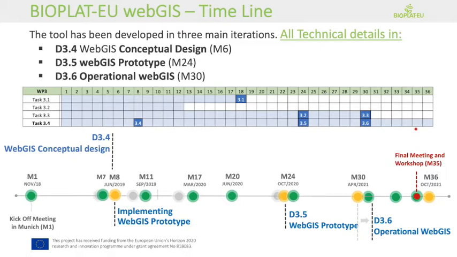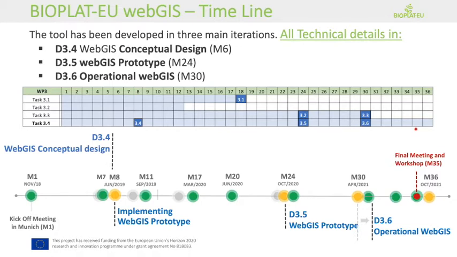The construction was planned in three deliverable phases: a conceptual design for gathering user requirements, which was finalized in month 6. A prototype to evaluate the feasibility, the defined user workflow, and the demo with a subset of data for some indicators, which was finalized around month 24.